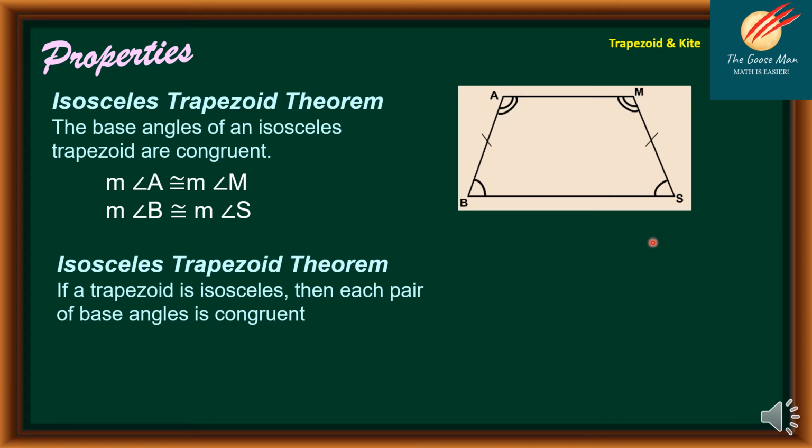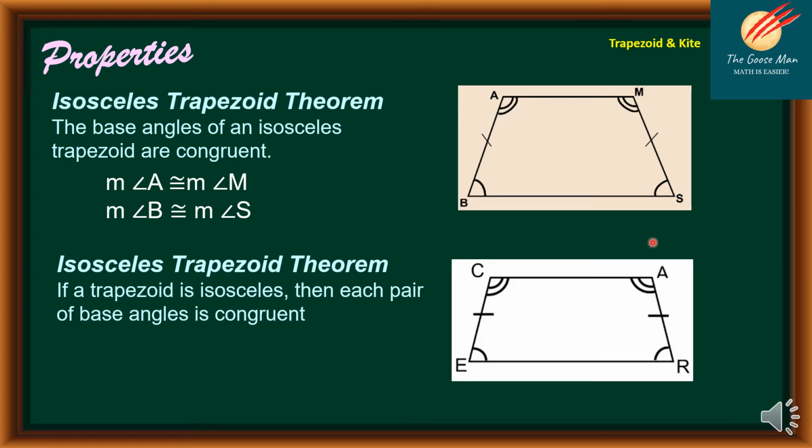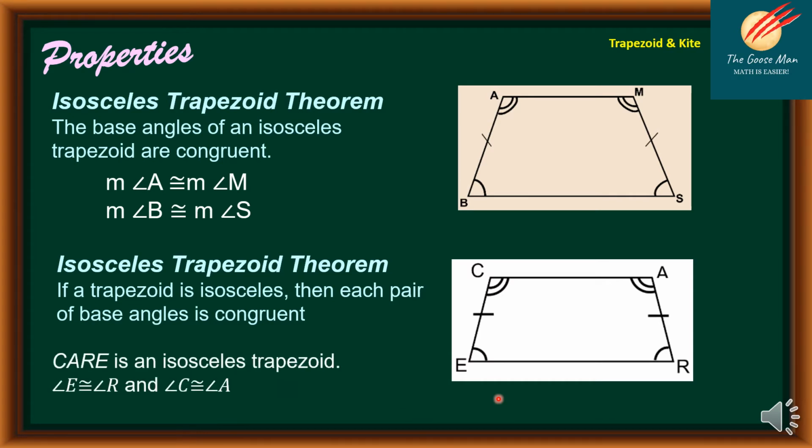If a trapezoid is isosceles, then each pair of base angles is congruent. Let's have this illustration. We can say that CARE is an isosceles trapezoid such that angle E and angle R are congruent and angle C is congruent to angle A.